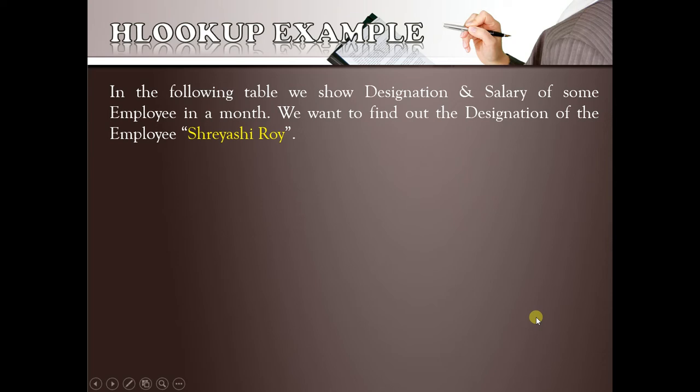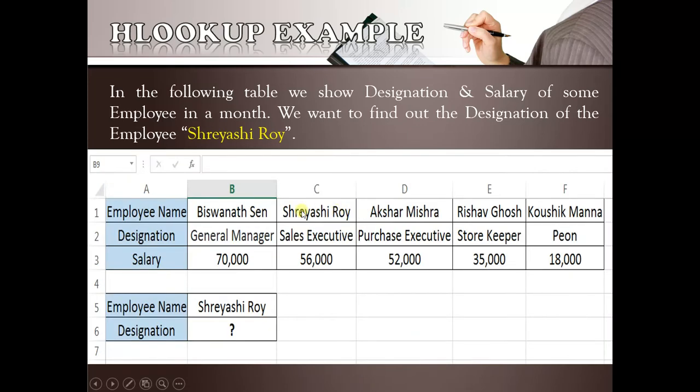This is an example. In the following table, we show the designation and salary of some employees in a month. We want to find out the designation of the employee, for example, Shreyoshi Roy. So there is a table. The employee name, the designation, and the salary are the heads, and you want to find out the employee name Shreyoshi.